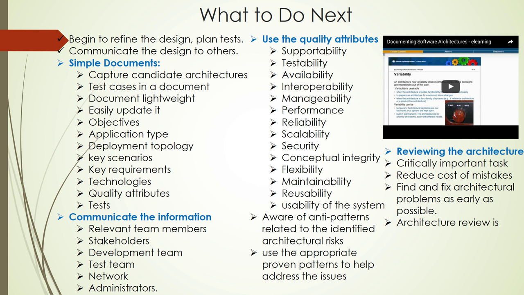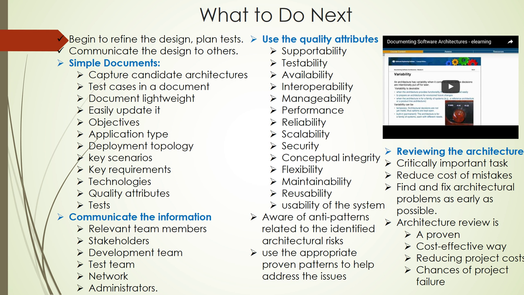Architecture review is a proven, cost-effective way to reduce project costs and the chance of project failure. There are some professional courses and techniques you can learn outside of this class on how to document the project and how to review your architecture.